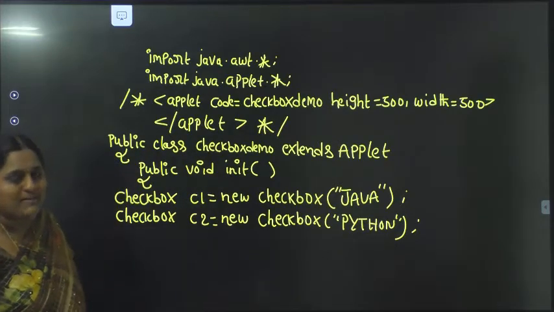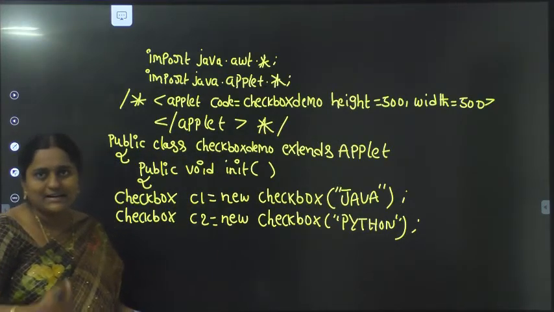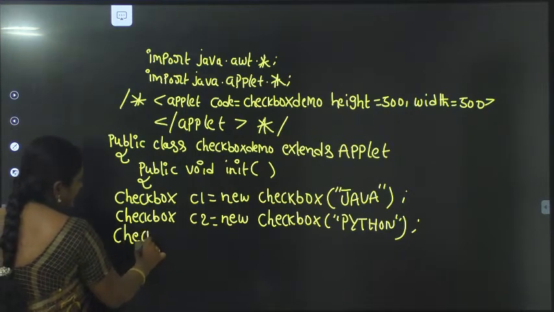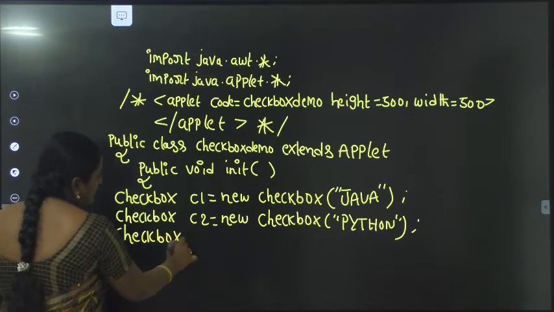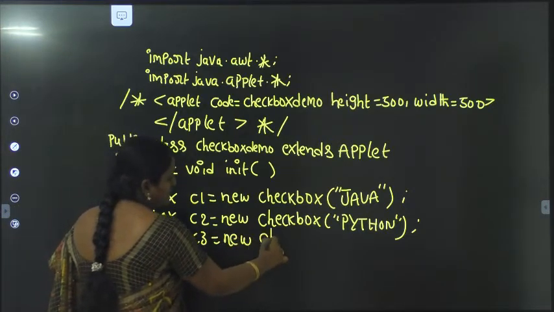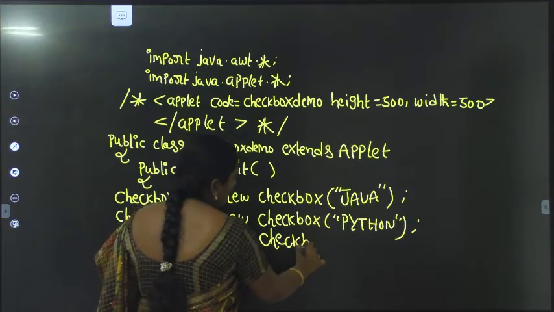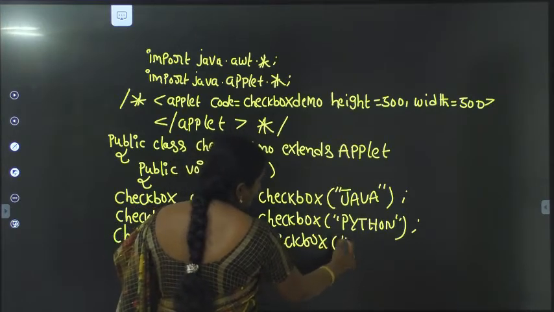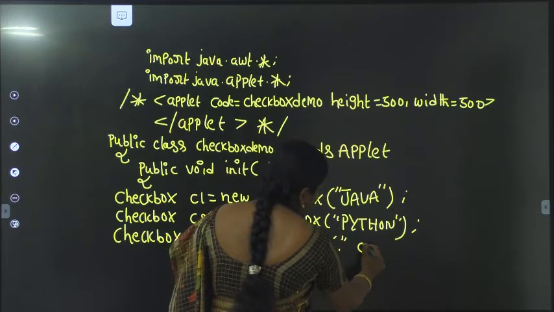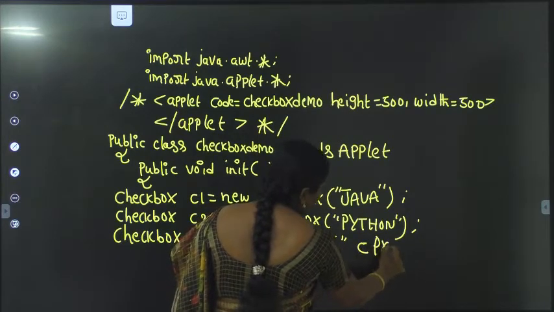If you forget to put a semicolon at the end of the statement, it will lead to a compilation error. Next, let us create one more checkbox object. Checkbox c3 equal to new Checkbox("C programming").